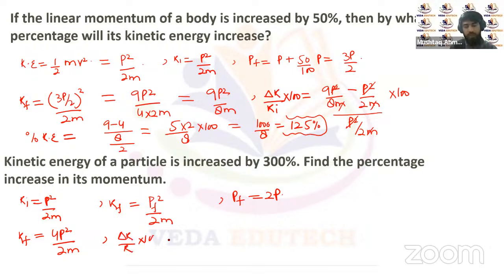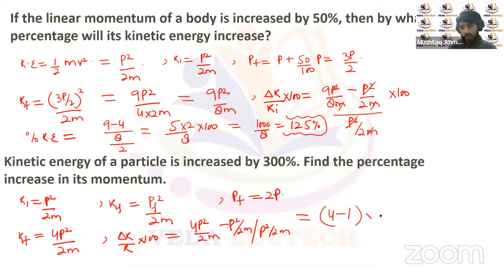That will be equal to 4p square upon 2m minus p square upon 2m, divided by the initial kinetic energy, that's p square upon 2m. p square upon 2m will get cancelled. We'll be left with only 4 minus 1, that's 3, multiplied by a factor of 100.